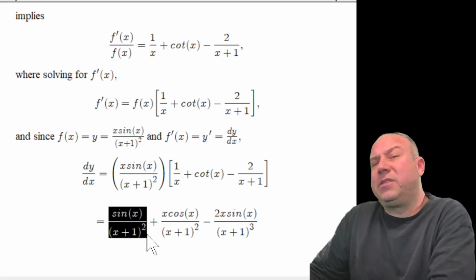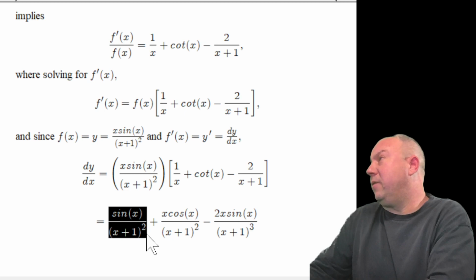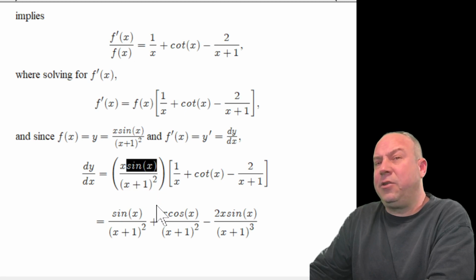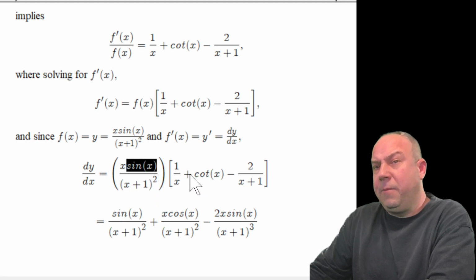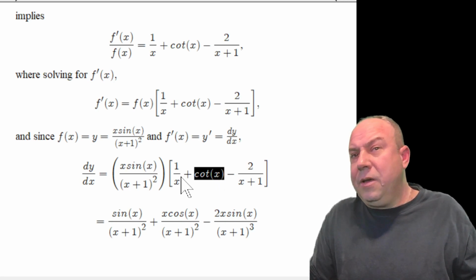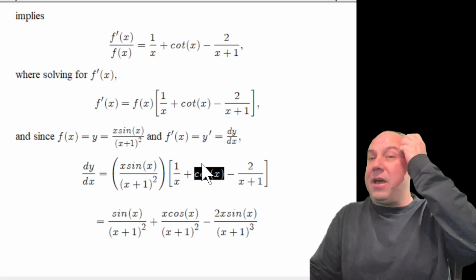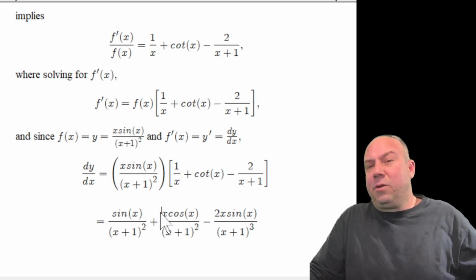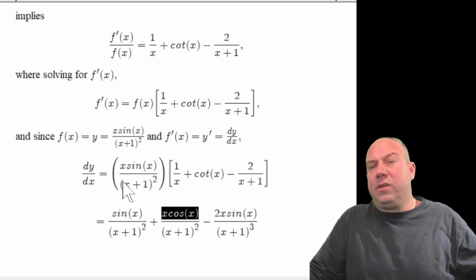And I'll be left with sine x over x plus 1 squared. When I distribute to this cotangent of x, the sine of x will cancel in this numerator with the sine of x in this denominator, leaving just the cosine of x in the numerator multiplied by this x. So it'll be x cosine x over the denominator of x plus 1 squared.